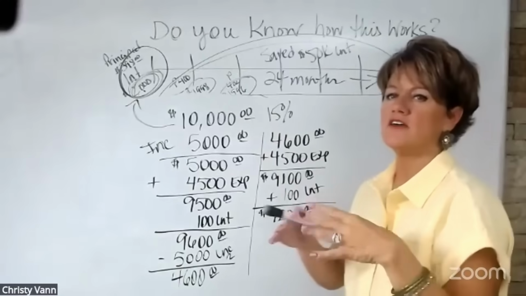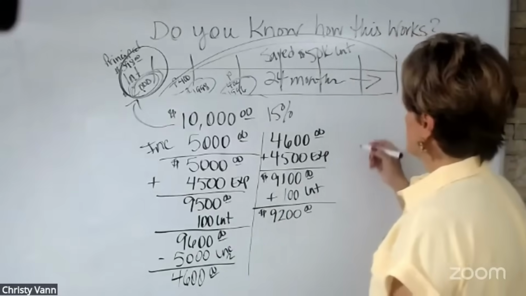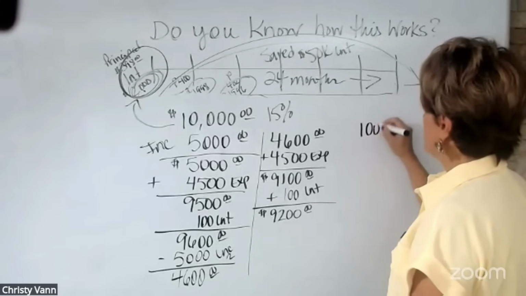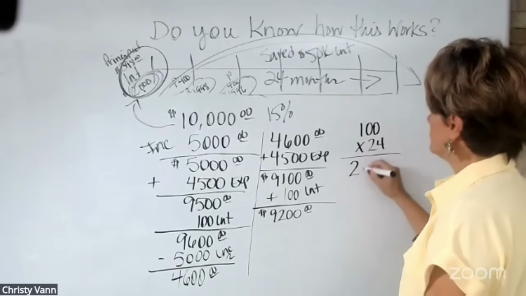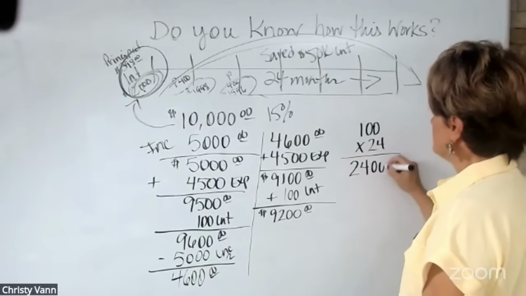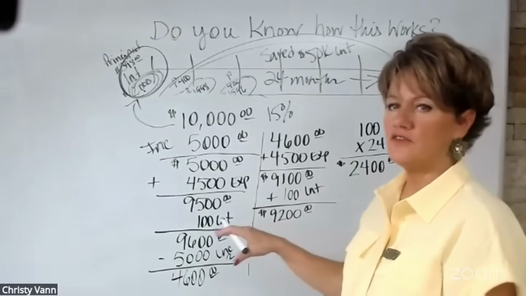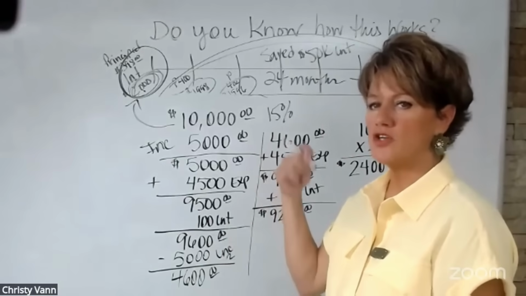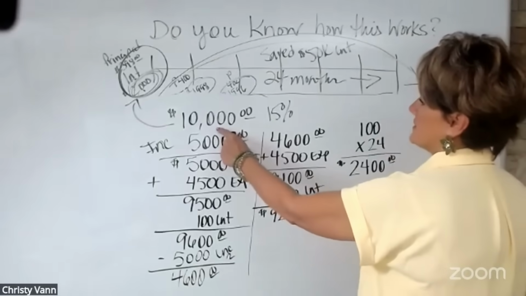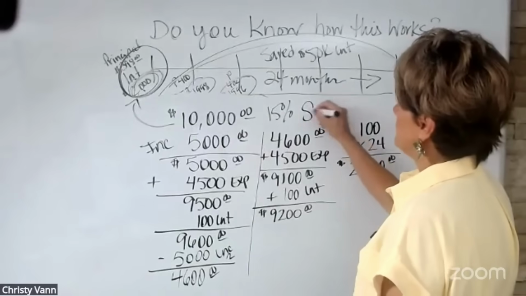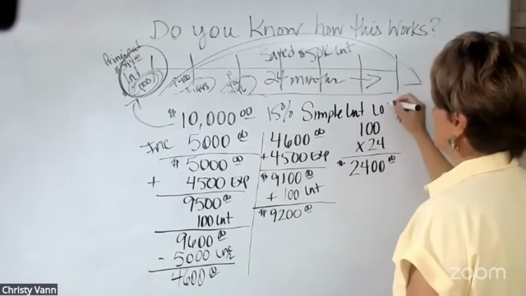Let's say we did that for 24 months. How much is that? What is 100 times 24? $2,400. Now you're never going to pay that if you're doing velocity banking, but I'm showing you this is $2,400 for this 10,000 on a 15% simple interest line of credit.